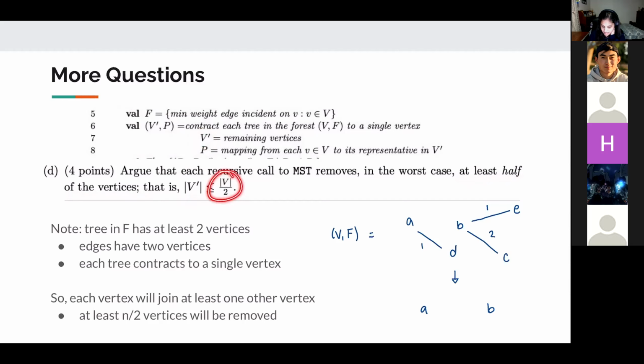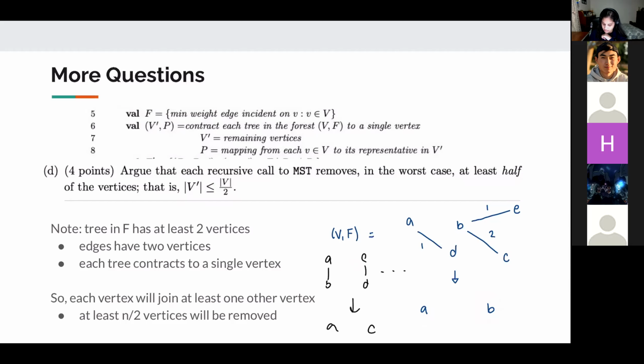And the reason we can say that is because if each tree has at least 2 vertices, and each of these trees then becomes a single vertex, then we are dividing the number of vertices by at least 2, because in the worst case we have A, B, C, D, dot dot dot, and then each of these becomes a single vertex.